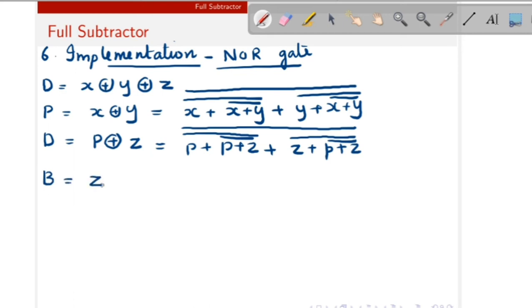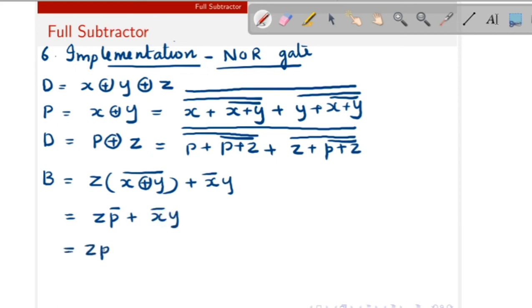Borrow is equal to z into x XOR y whole bar plus x bar y. Clear? So we know x XOR y is equal to p, so we can write it as z p bar plus x bar y. Rewrite it as z p bar plus p bar plus x bar y plus x bar. So p bar into p is equal to 0, so z p bar plus 0 is equal to z p bar itself. x bar into x is equal to 0, so x bar y plus 0 is equal to x bar y itself.